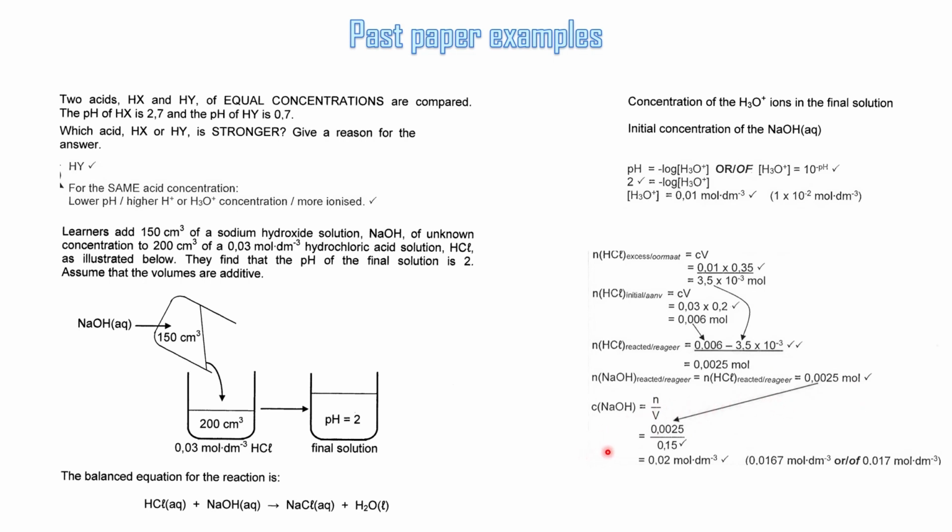And you take the number of moles and you say the 0,15 because they asked for the NaOH. NaOH is 150, just divided by 1,000, you get 0,15. And you get this. You need to follow it step by step to get the precise answer, because if you mess up here, you're not going to get any precision marks.